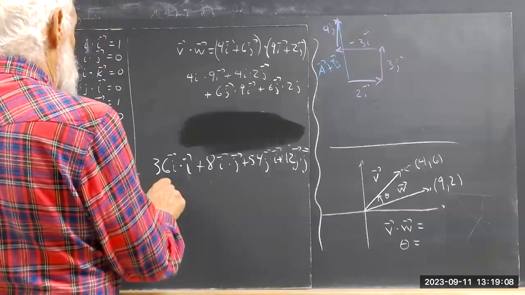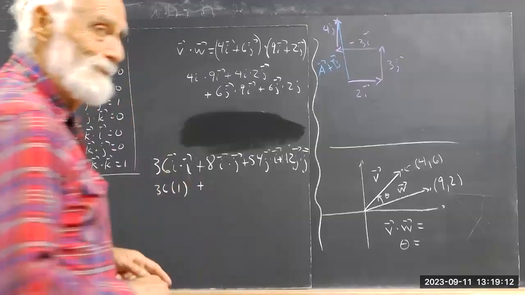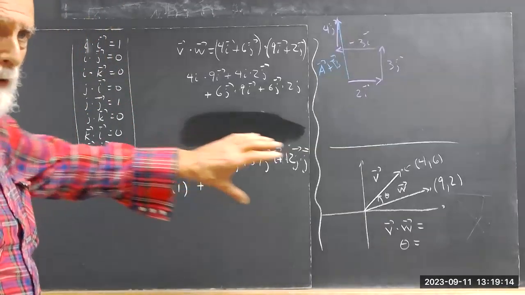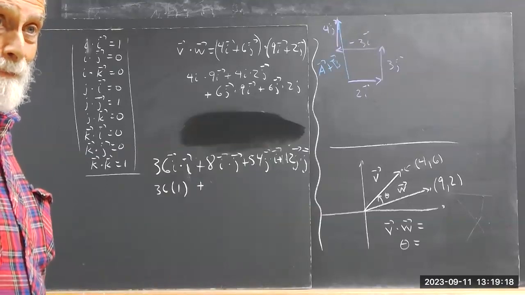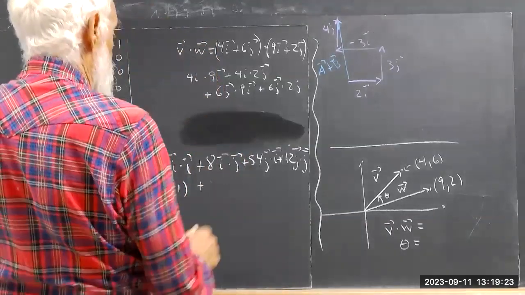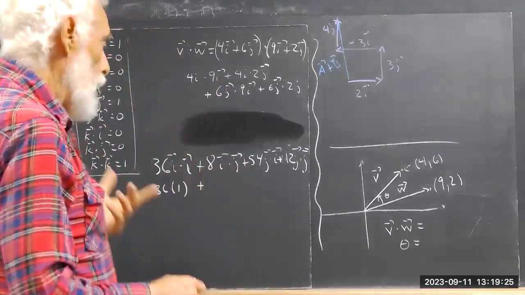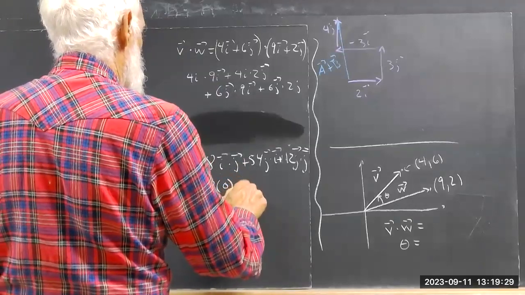I dot I is 1. Now I prefer you write that 36 times 1. Okay, write it out clearly and neatly, like I don't always. And see how you get from here to here. And I dot J, well, I is perpendicular to J, so that's 8 times 0.